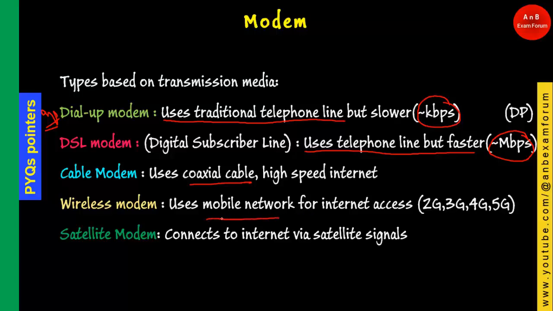So whatever mobile network like 2G, 3G, 4G, 5G you have, it is going to use those networks for internet access. The satellite modem is one of its kind, used to connect to the internet via satellite signal. It is going to communicate with the other device using satellite links. These are not commonly asked in the exam, but still you should know the different types of modem also.